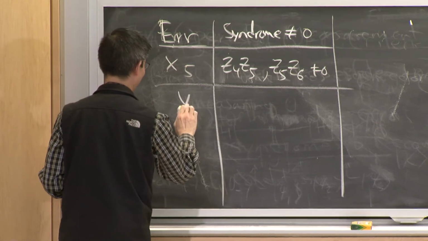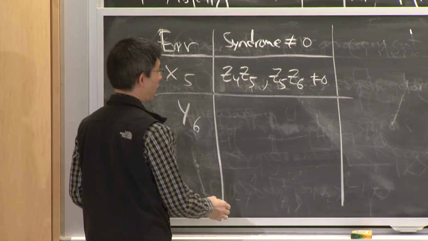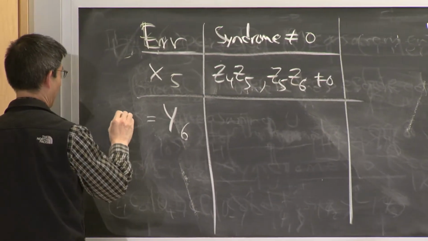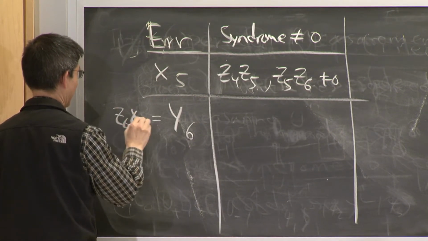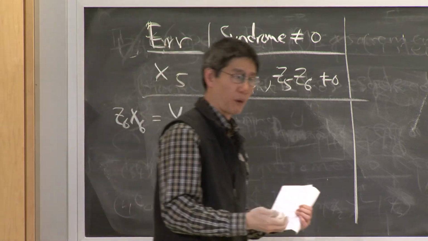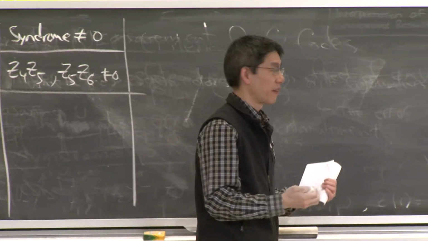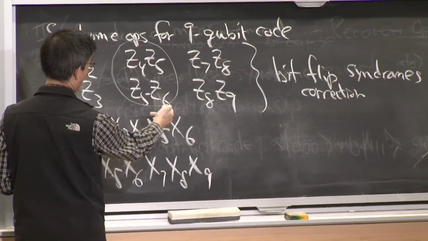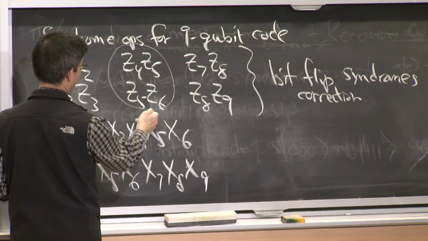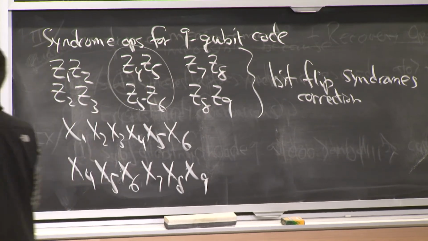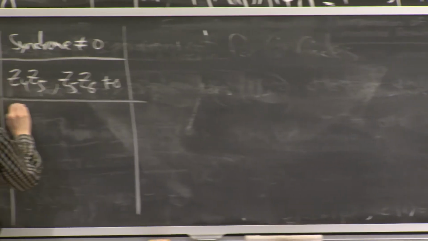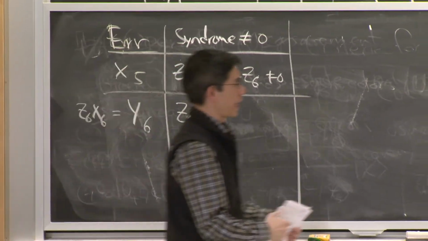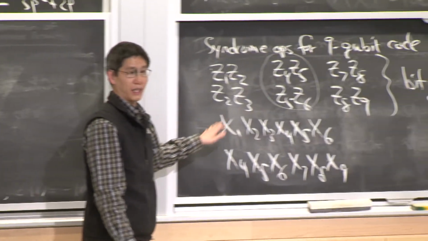Y6, right, great. Okay, so Y6 is a product of Z6 and X6. So you can think that both errors occurred. Now X6 is clearly going to change this operator here and not this operator. So we get a Z5 Z6. But the X6 is going to commute with all of these.